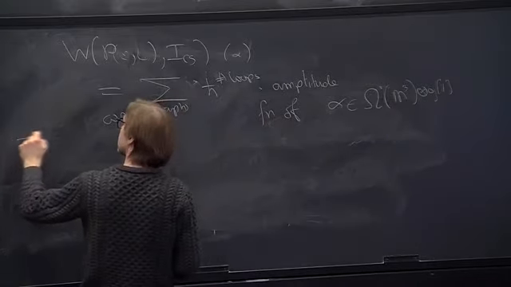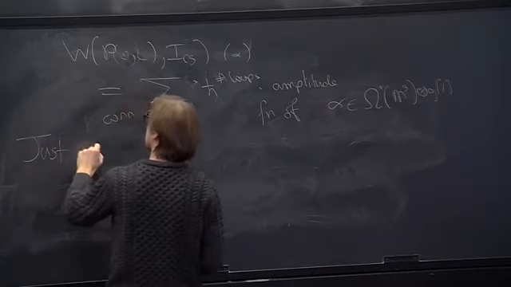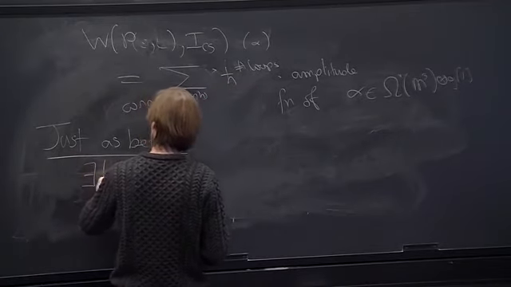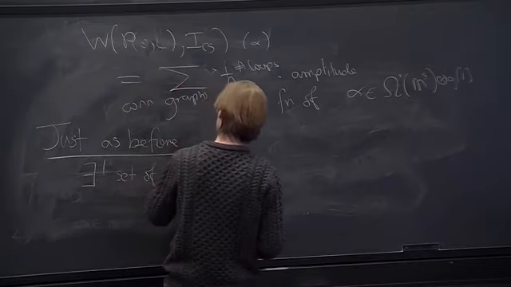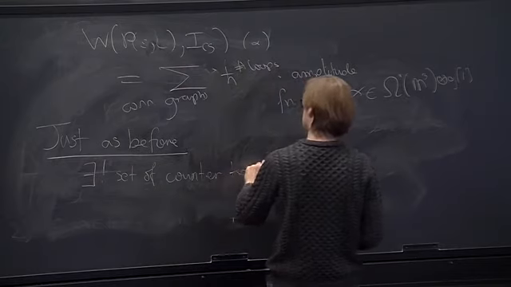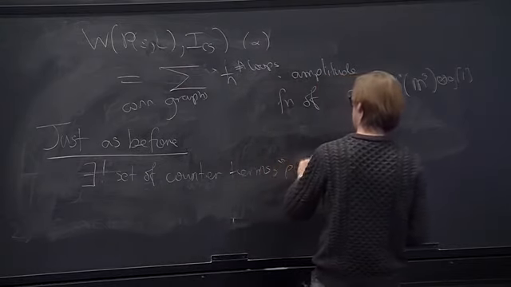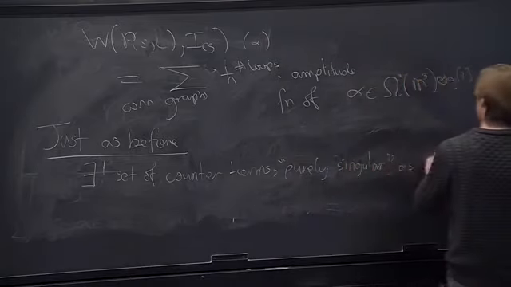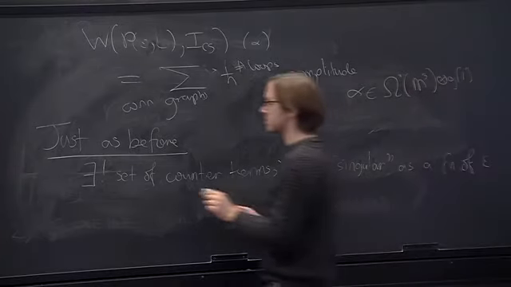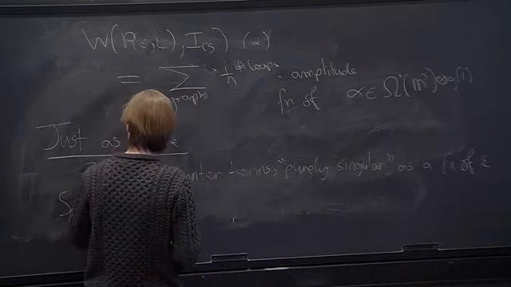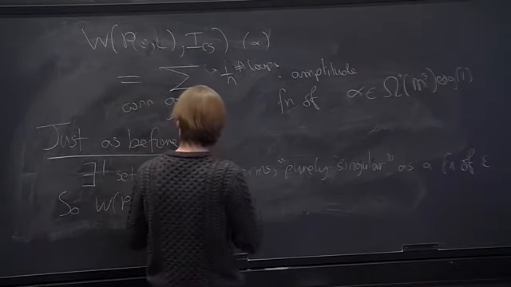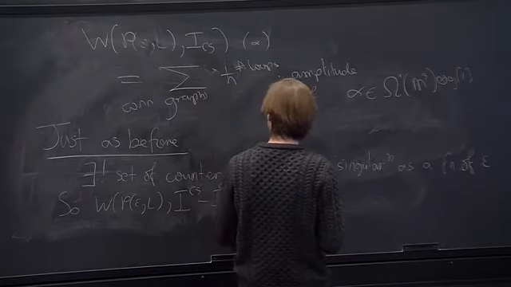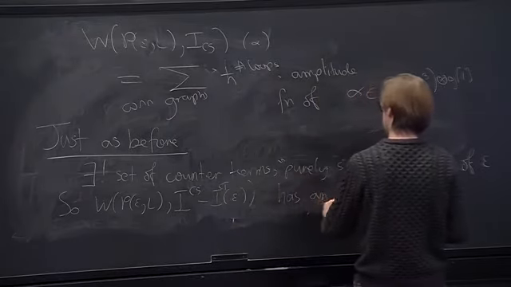So exactly like before, there's going to exist a unique set of counter terms which are purely singular as a function of epsilon, so that once I subtract off the counter terms, this has an epsilon to 0 limit.